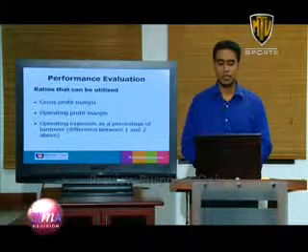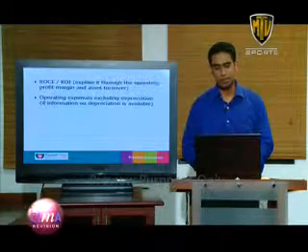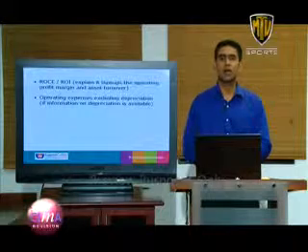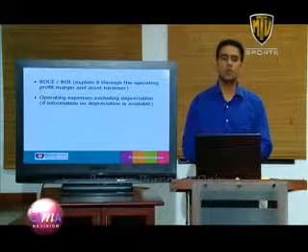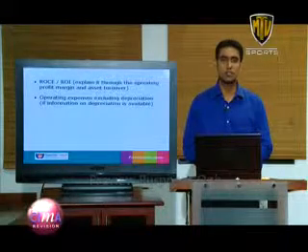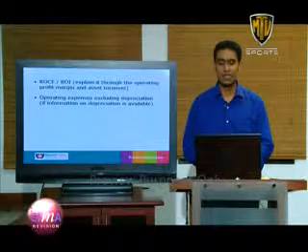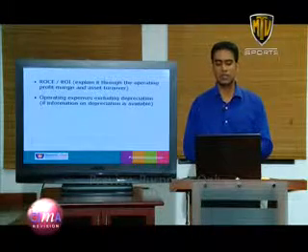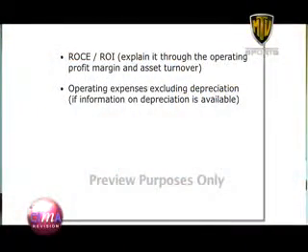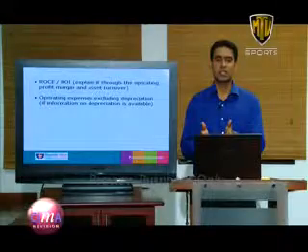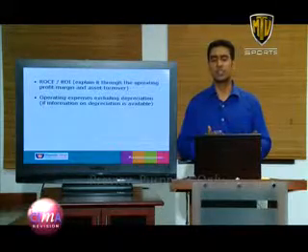Now, sometimes in the exam, the examiner might give you information on depreciation, which would mean this second point on the slide, operating expenses excluding depreciation. You could do a calculation where you take total operating expenses, remove the depreciation, and then look at the real operating expenses. Check to see whether that has increased or decreased.